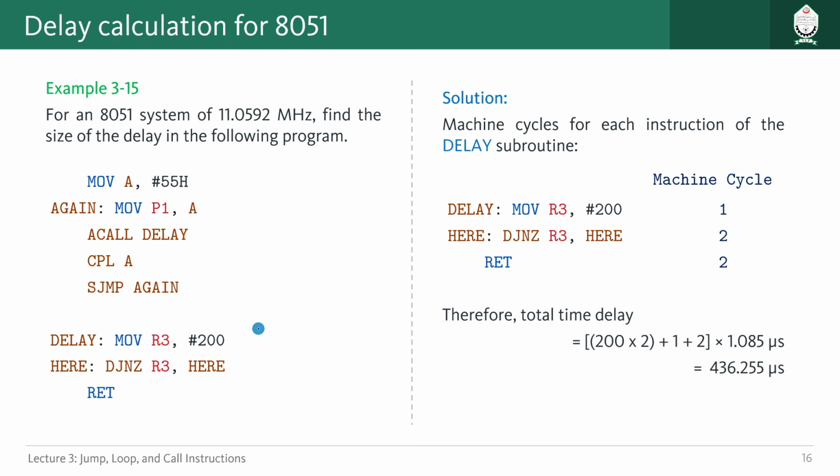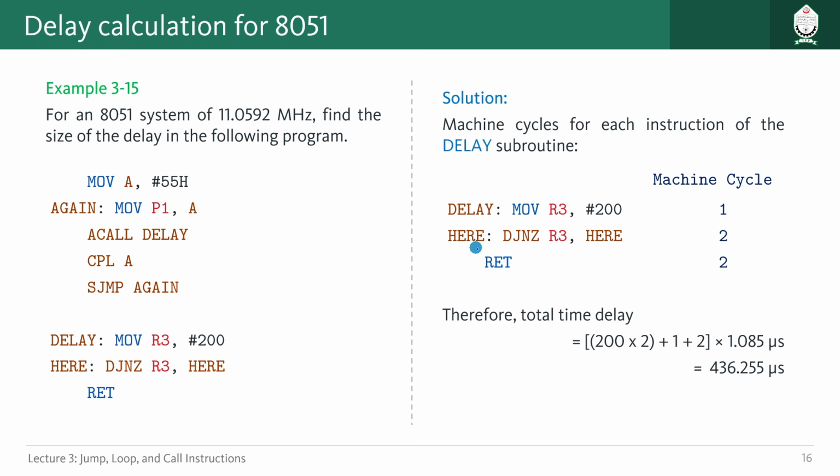In this delay subroutine, first of all, with the help of that appendix table which will be given to you in the exam, we can find out how many machine cycles are needed to complete each instruction. For any kind of MOV instruction, we know it is 1. For this instruction, 2 machine cycles, and RET instruction takes 2.